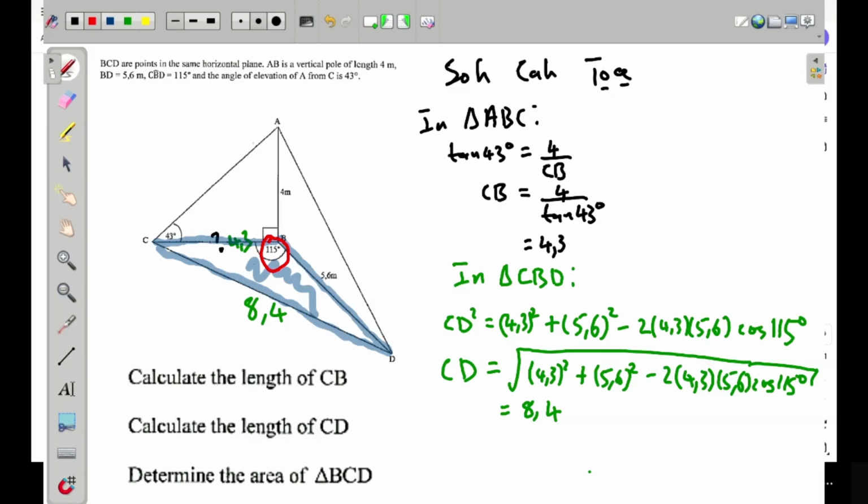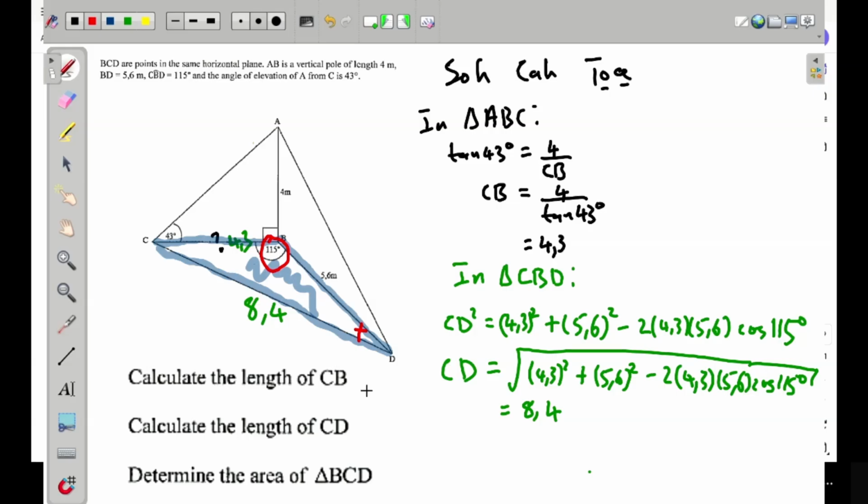So one way to check your answers when working with triangles is to actually check whether the biggest angle is opposite the longest side and the smallest angle is opposite the shortest side. I can bet with you now, since CB is 4.3, we expect angle D here to be the smallest angle in that triangle.